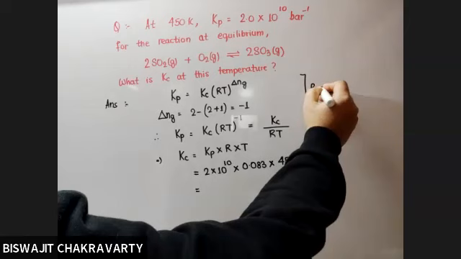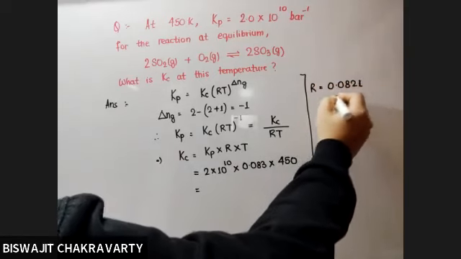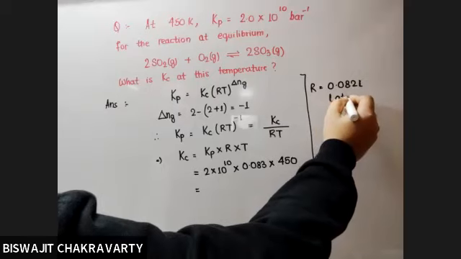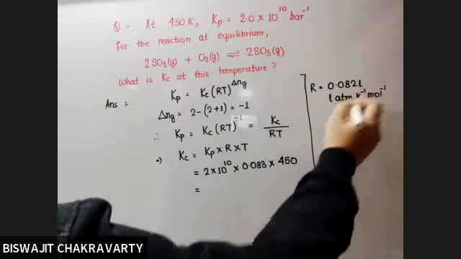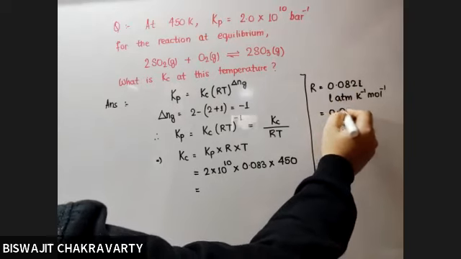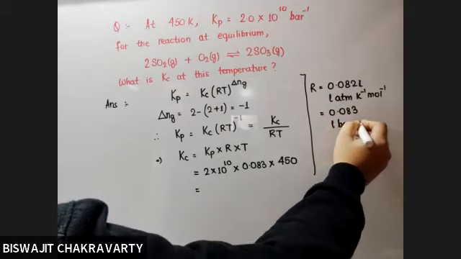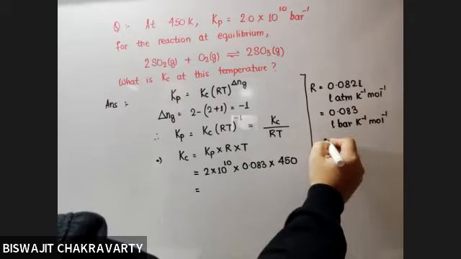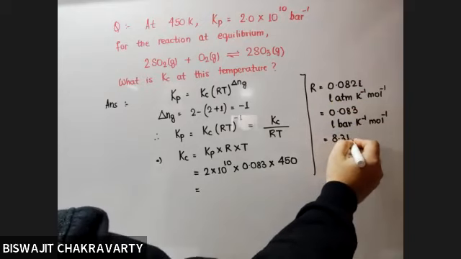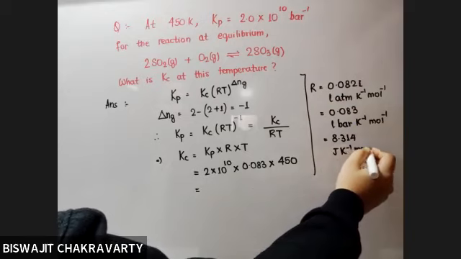It has various values: 0.0821 if the unit is liter atmosphere per Kelvin per mole, 0.083 if it is liter bar per Kelvin per mole, and 8.314 if it is joules per Kelvin per mole.